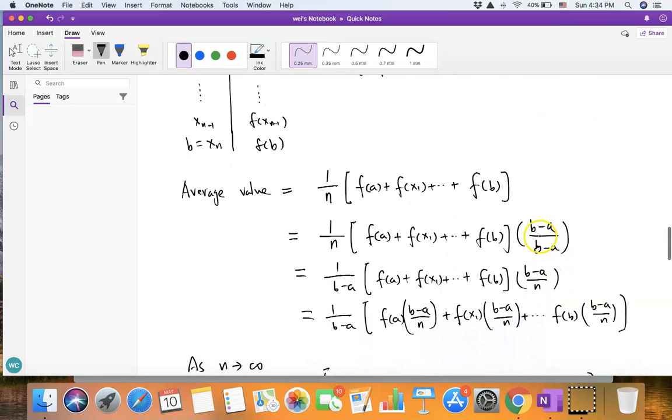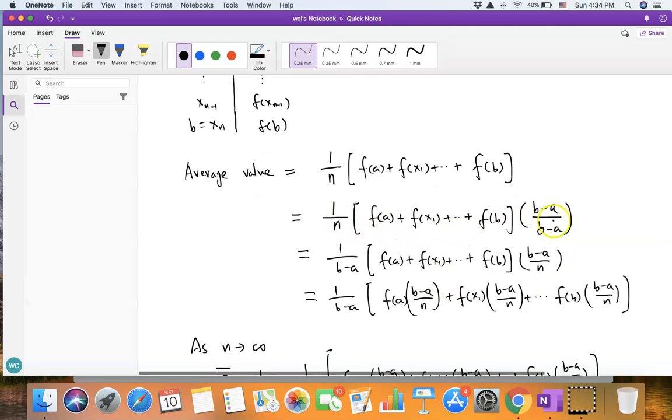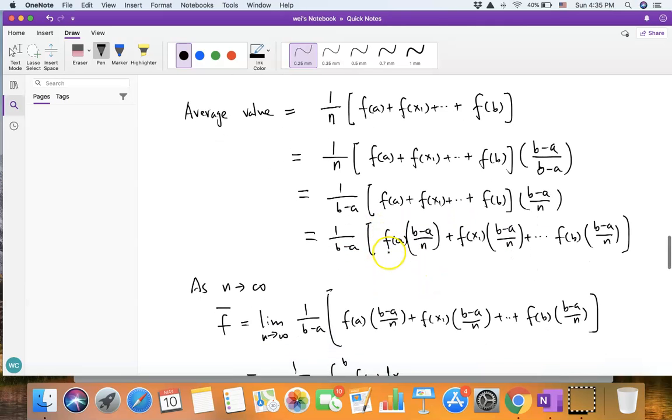Next, if I switch these two terms, I switch n with b minus a, so I can rewrite this as 1 over b minus a times the summation of this, times (b minus a) over n. Then if I distribute this term (b minus a) over n into this summation, I will get this.